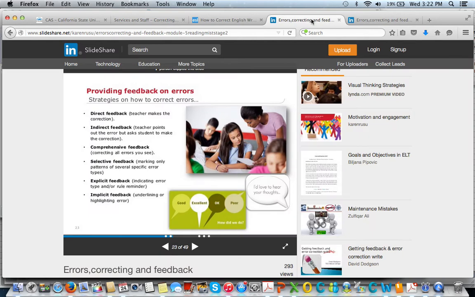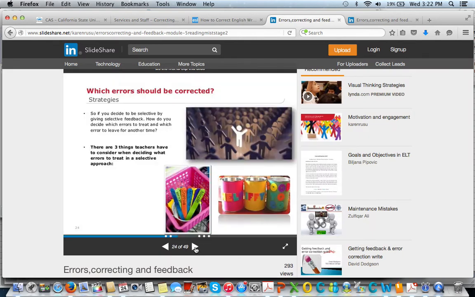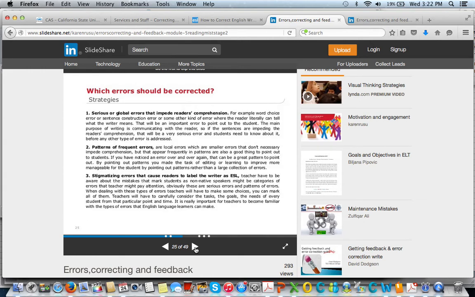So going back to the types of feedback that we can give, if we look at which errors we should be correcting, there are 3 different types of errors that researchers in this field usually look at. One is serious or global errors. Those are errors that make it difficult to understand what they're trying to say.